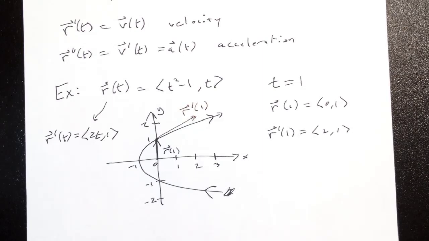Okay, here's a question for you. I am moving with a velocity pointed up and to the right, but my path is below that. My path is lower. That means I'm kind of curving as I go, right?